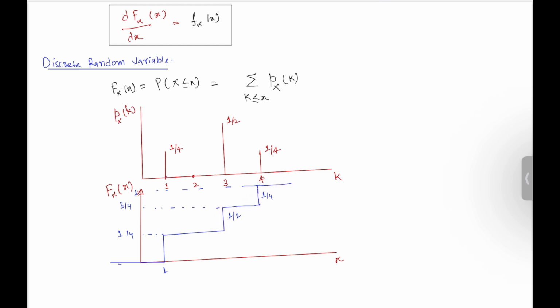It will never happen that the CDF increases and then, as you go on, decreases. It will never happen. Right? So I hope the definition of the cumulative distribution function in case of the discrete random variable is clear. And in case of a discrete random variable, you will always have this kind of staircase function for the cumulative distribution function.